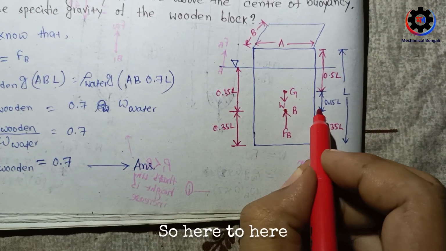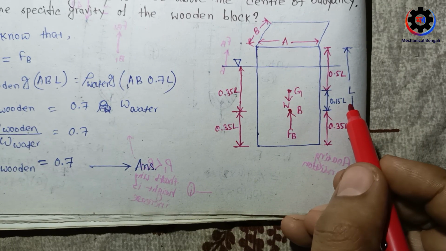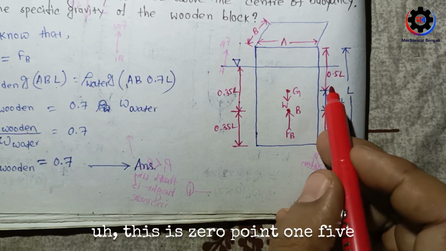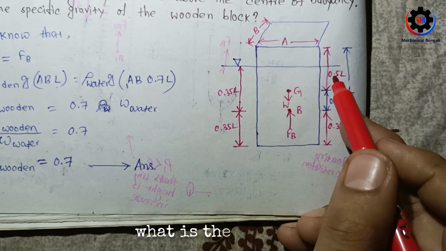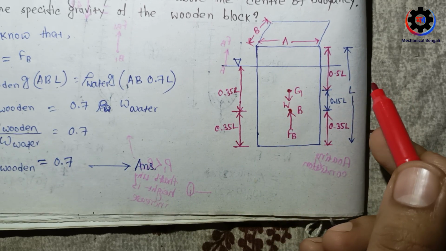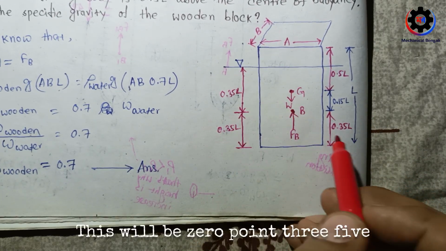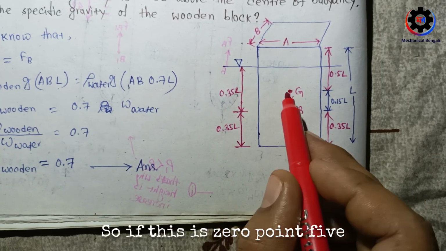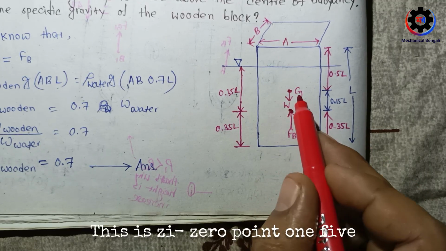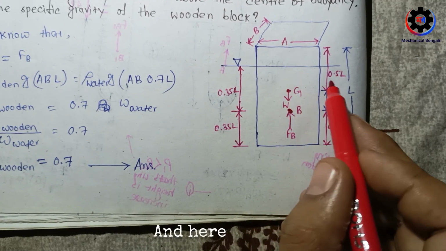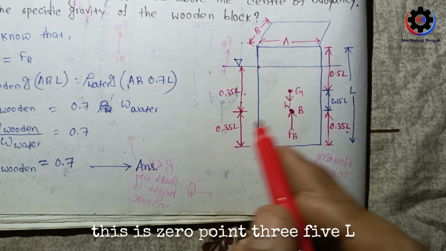So here to here, the distance is 0.15 L. If this is 0.15, then the distance from the center of buoyancy to the bottom is 0.5 L, and from the center of buoyancy to the top is 0.5 L. So the distance from G to the top is 0.35 L, and from G to the bottom is 0.35 L.